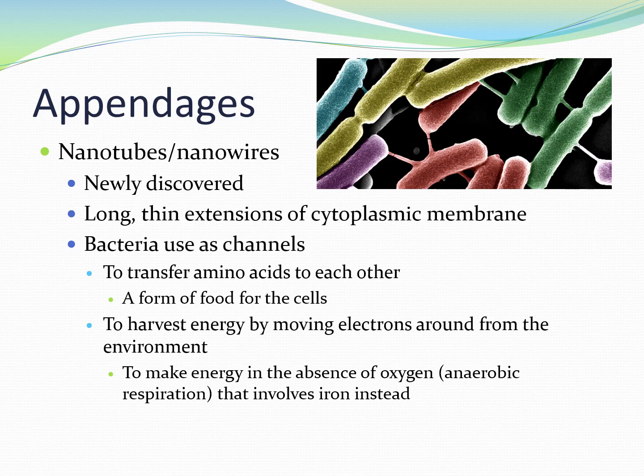And then also for the potential purpose to harvest energy by moving electrons around from the environment. So again, this is still relatively new information, but hey, kind of cool. We're living in a really neat time where we're able to actually study bacteria and archaea.